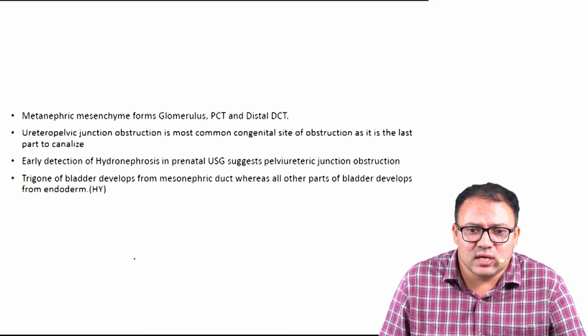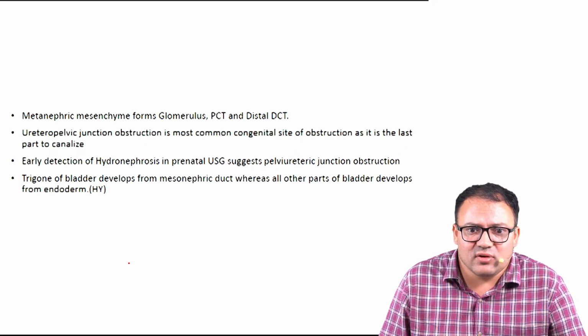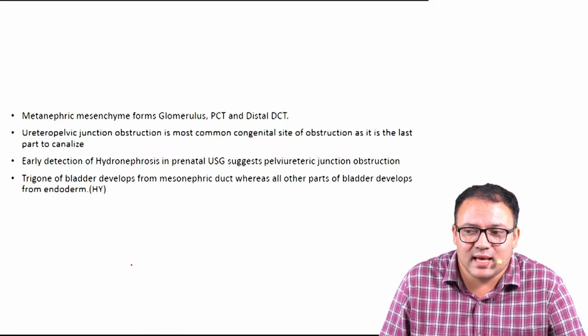But if there are some errors of recanalization of metanephric mesenchyme and ureteric bud, then there can be some sort of congenital pathological condition. Ureteropelvic junction obstruction is the most common congenital site of obstruction, as it is the last part to canalize.